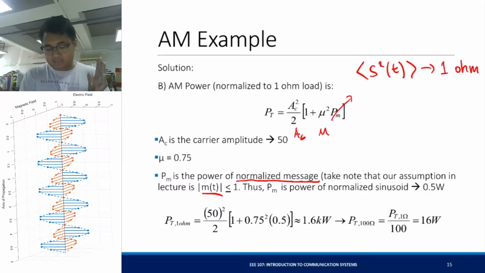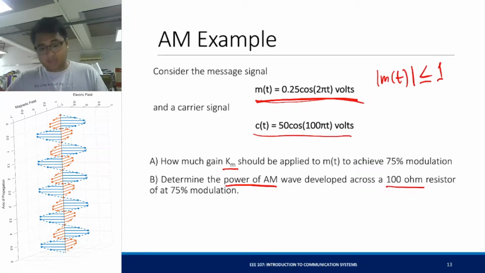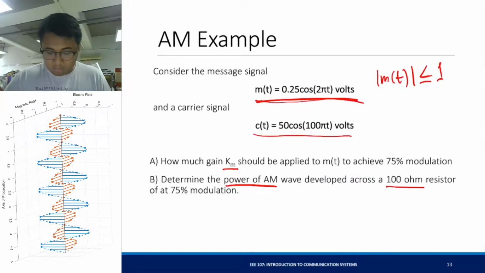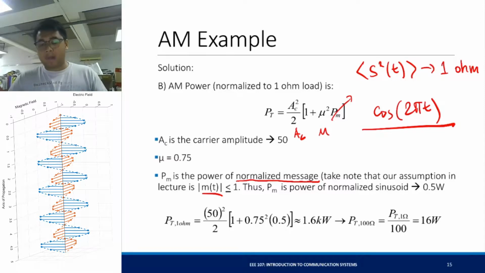If the message signal is normalized and it's a sinusoidal wave right here, then we're trying to get the power of only the cosine component. The power of a sinusoid is 0.5 watts.